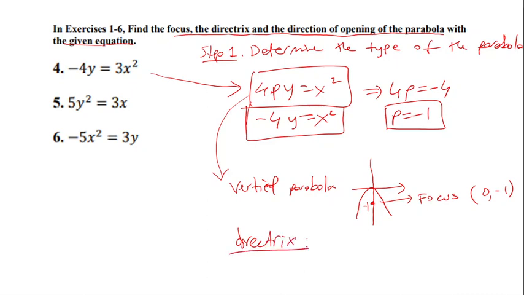So the directrix will be automatically, if this is the focus minus 1, then this has to be here, y equal to 1 line. This is the directrix. And the opening of the parabola, as you see here, is down.